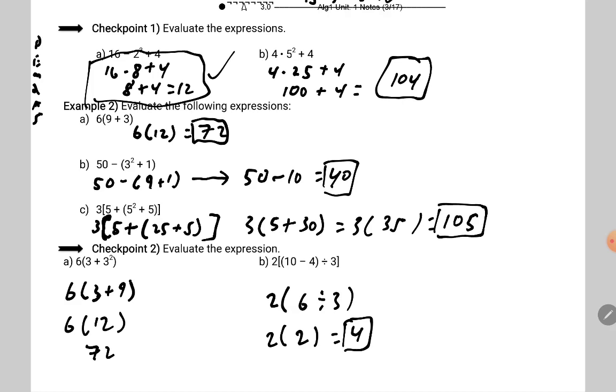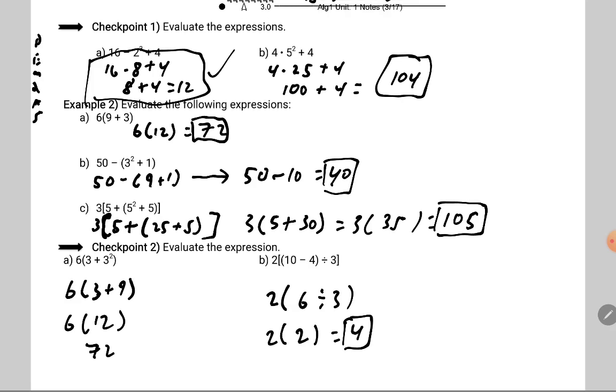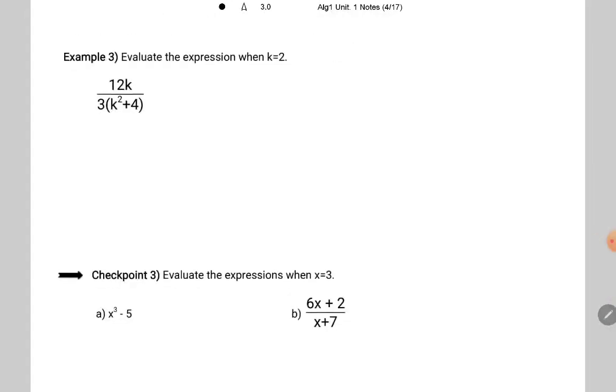All right. We have a few more. Evaluate the expression when k is 2. So k is our variable, and it could be any letter.